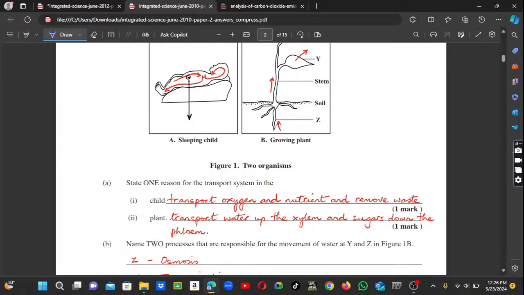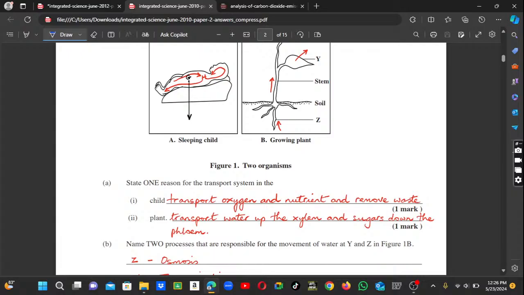But in the plants, the transport system would transport water up in the xylem. So we're talking about the xylem in the plant. It would transport water up in the xylem and sugar down the phloem.